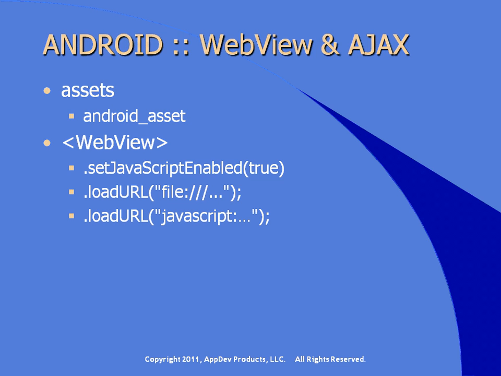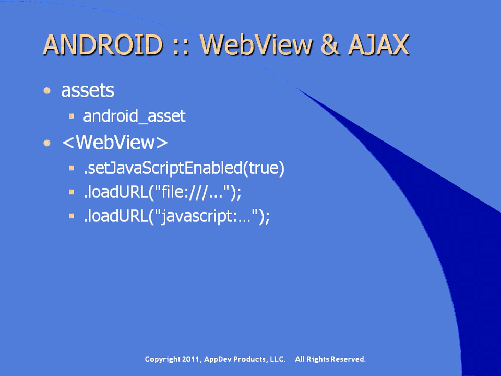Now, another interesting feature of using a web view within an Android application is that the buttons on the Android form can trigger JavaScript functions on the web page. So we can directly interact with the HTML and the JavaScript inside of the web view. And the way that we can do this is by passing in a JavaScript reference, loadUrl JavaScript colon, rather than using HTTP colon or file colon.